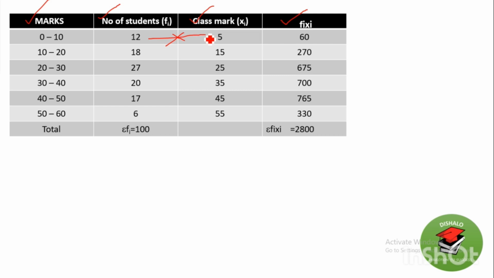That is 12 into 5, 60; 18 into 15, 270; 27 into 25, 675; 20 into 35, 700; 17 into 45, 765; 6 into 55, 330. Summation of fi xi is addition of all these. Summation of fi is addition of all these.